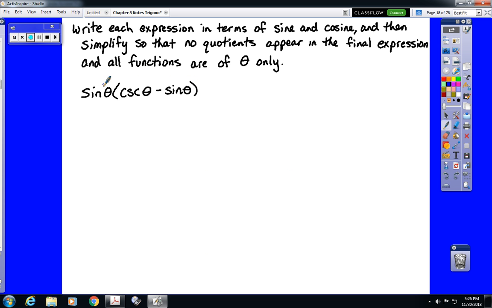Okay, we should see this and our algebra brain should go, I need to distribute. So that's exactly what we should do. That would be sine theta cosecant theta minus sine squared theta. We should then replace cosecant with its reciprocal. Cosecant theta is 1 over sine theta.